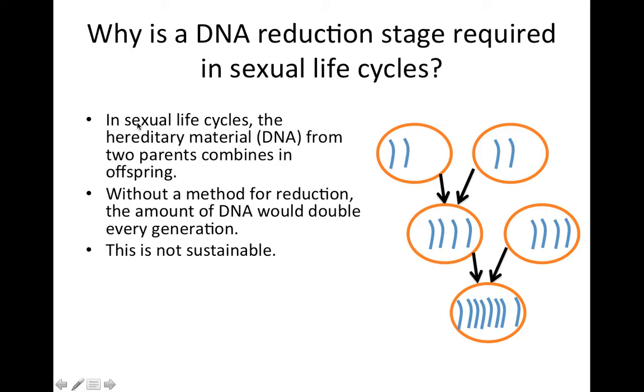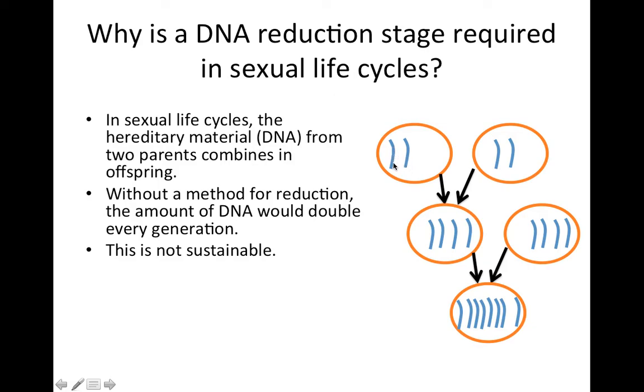Remember, in sexual life cycles, hereditary material, or DNA, from the two parents combines in the offspring. So on this diagram, let's see what would happen without a method for reduction. Here we have one parent, and it has a pair of chromosomes.